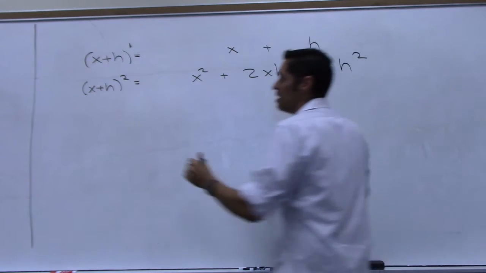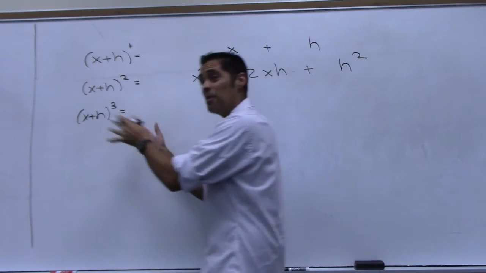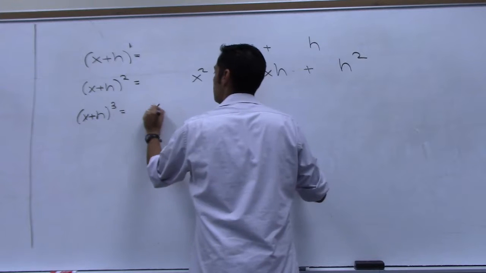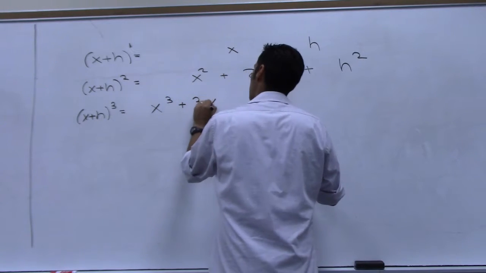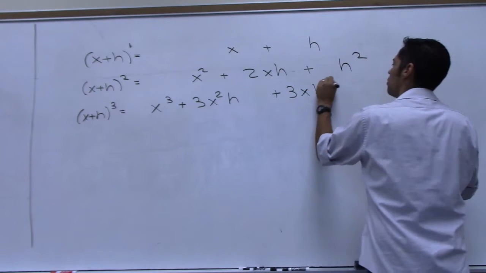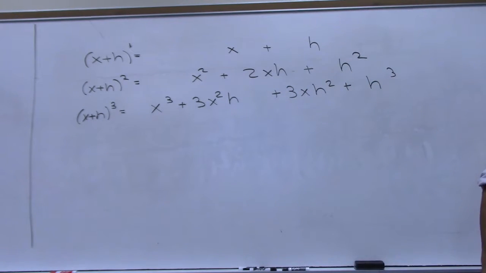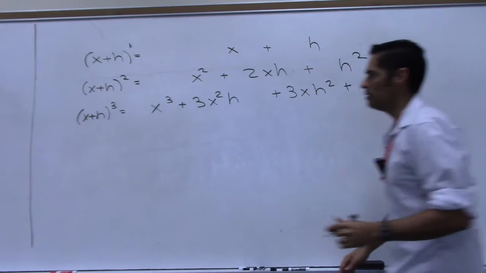All right, and then we just did x plus h cubed, didn't we? It was pretty nasty, but we got x cubed plus 3x squared h plus 3xh squared plus h cubed, right? Yes, that's right.